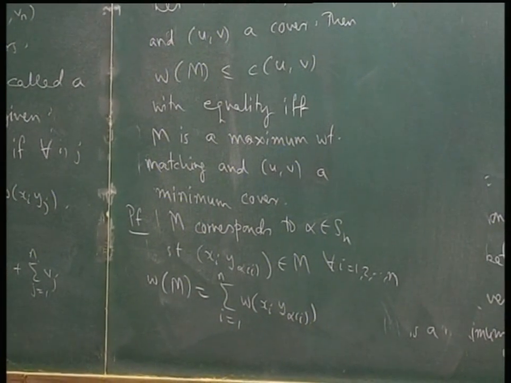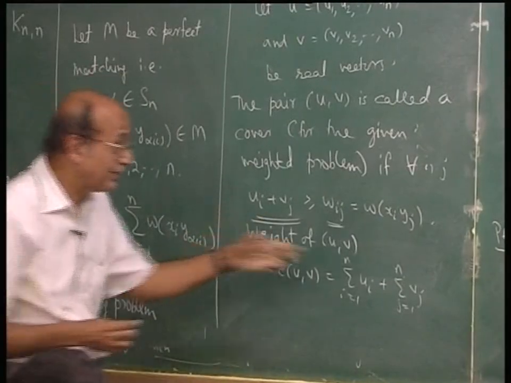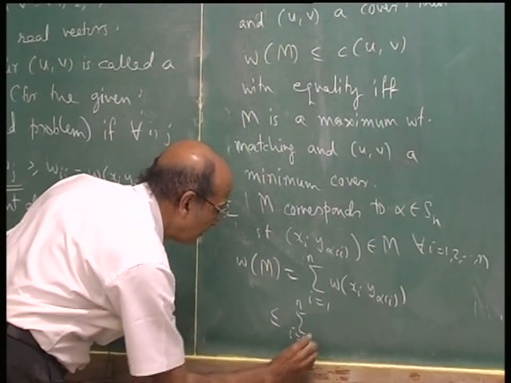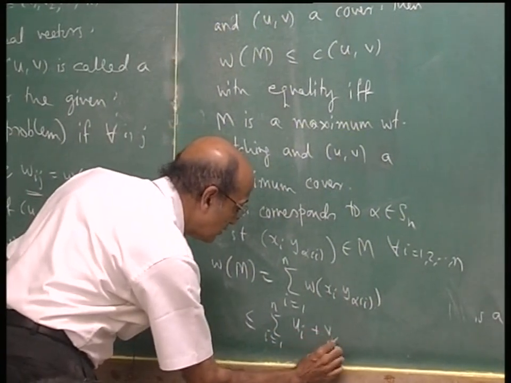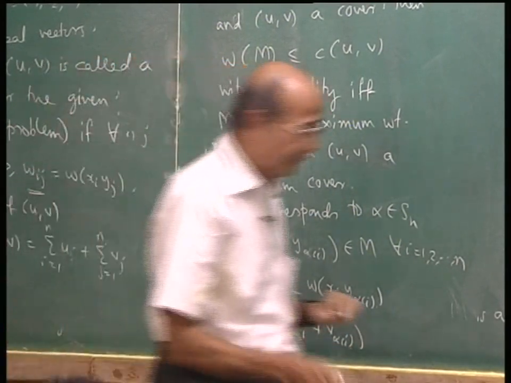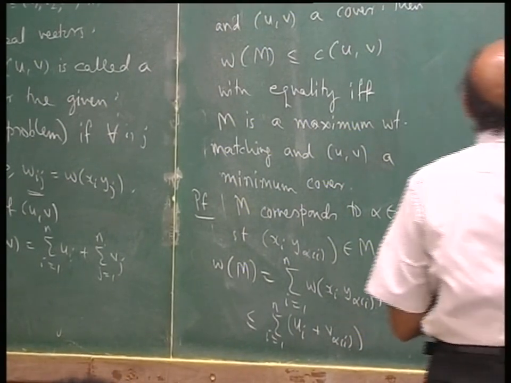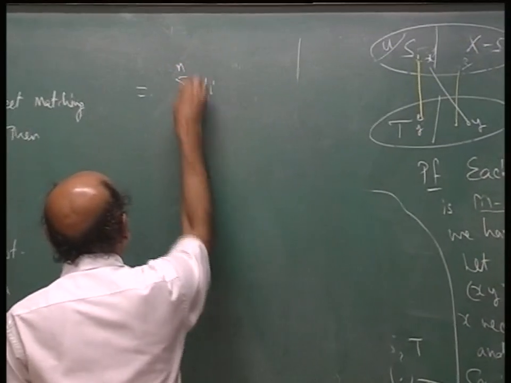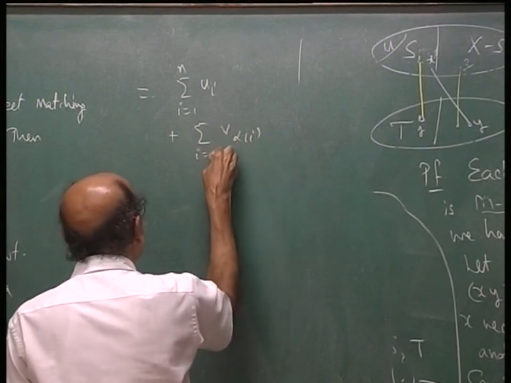Look at this. The inequality here is saying that this is at most u_i plus v_alpha(i), which is equal to the summation over u_i, i from 1 to n, plus the summation over v_alpha(i), i from 1 to n.